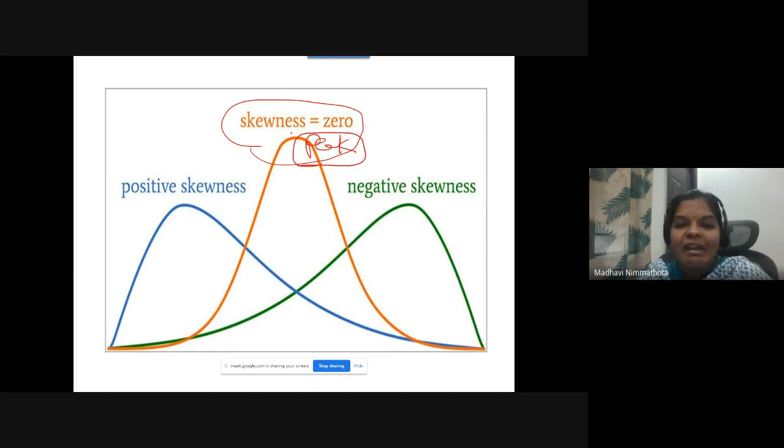Some drug molecules will show positive skewness, where the curve is shifted to the left side, or the curve is shifted to the right side, denoted as negative skewness. In some cases, there is a chance to get both positive and negative skewness in the frequency of drug particles distribution. At this peak, the skewness value becomes 0.